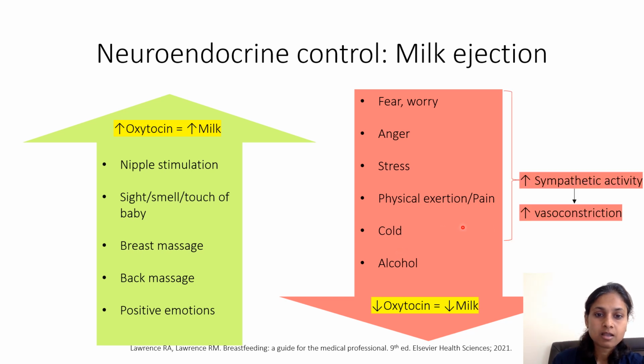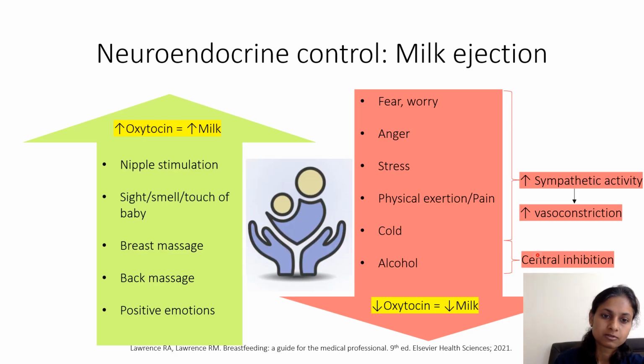The first few factors increase the sympathetic activity, which causes vasoconstriction, and that reduces the oxytocin supply to the breast. Consuming alcohol has a direct action on the center, inhibiting oxytocin release.